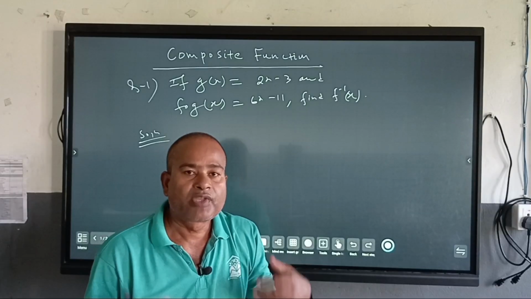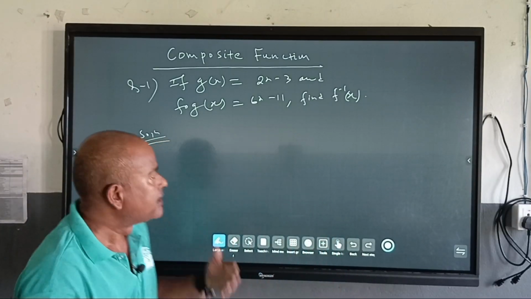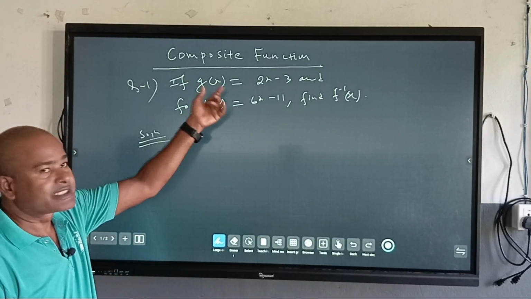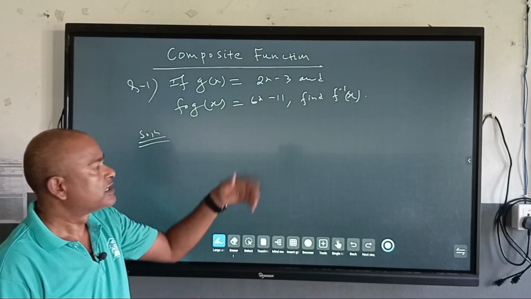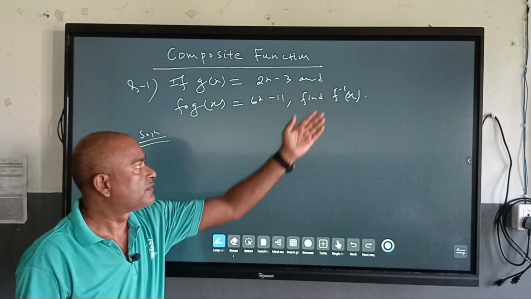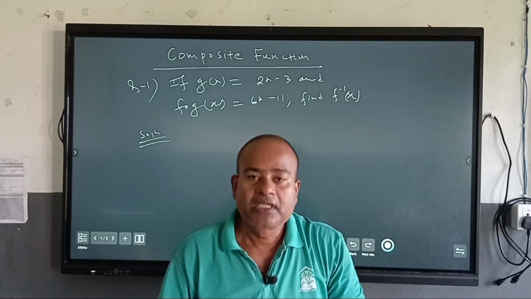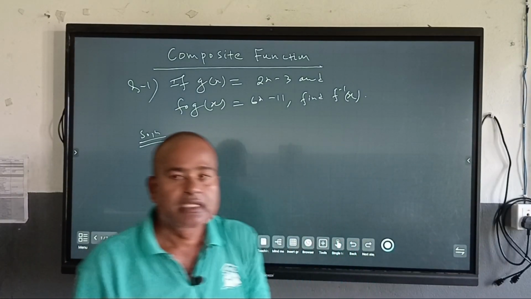That means we have to find out the inverse of the function fx. By solving the first function gx and the second function f of gx, at first we'll find out the function fx. Then after finding the function fx, we'll find out the inverse of the function fx.